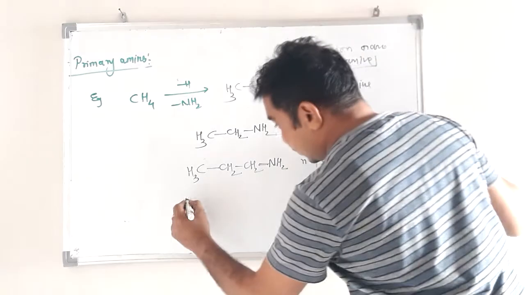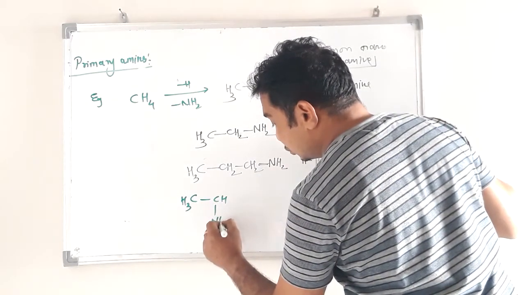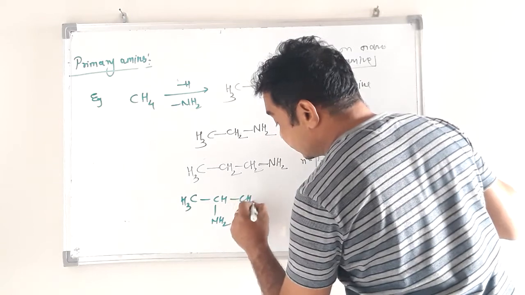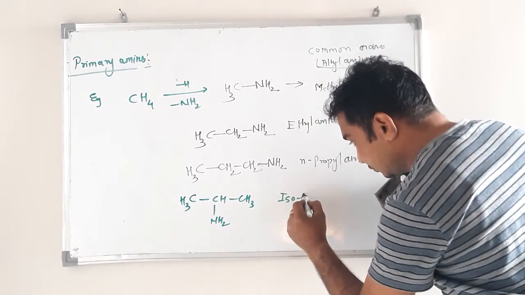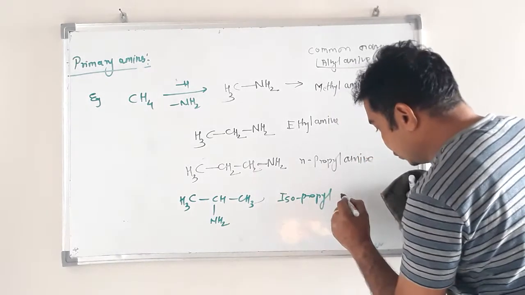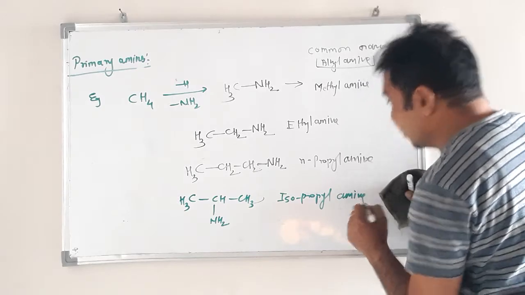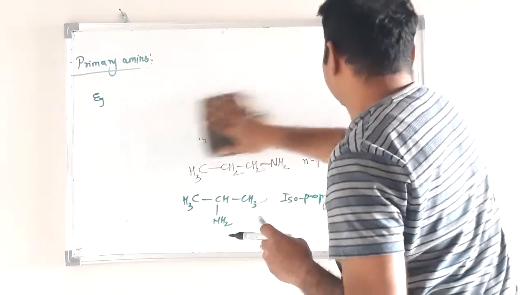Again, isopropylamine, like this. This is isopropylamine. An isopropyl group having an NH2 group, isopropylamine, and so on. Very many examples are there.